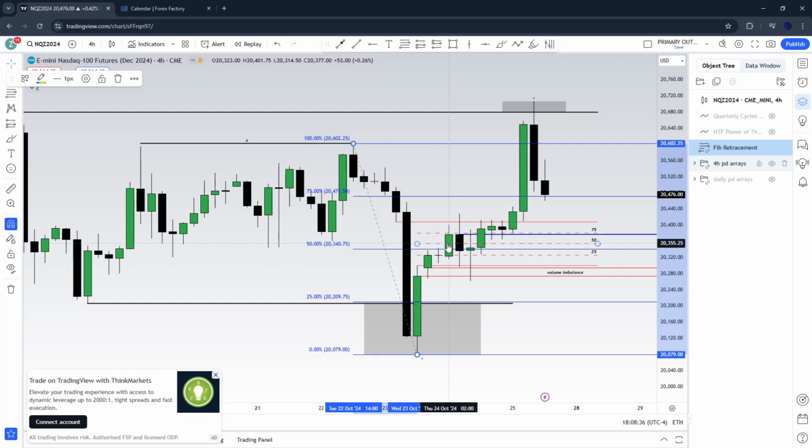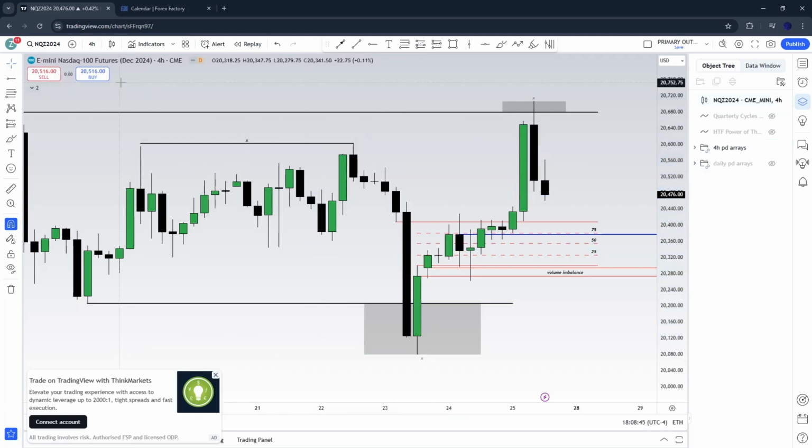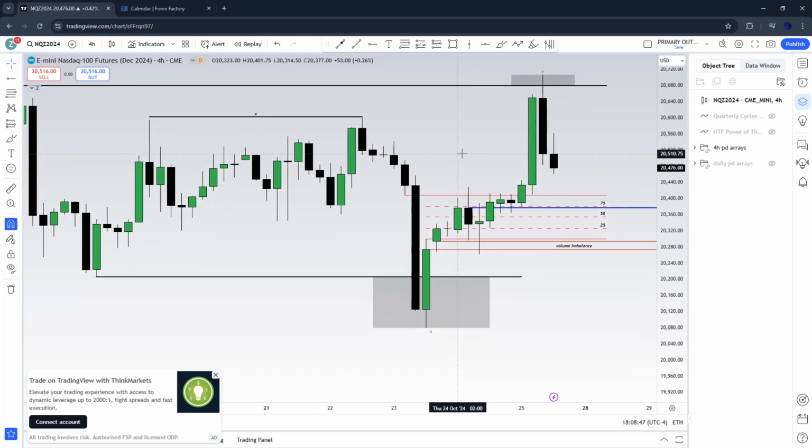And we're closing above this premium array, above the 50% of that premium array, which is the most highly reactive point in the range. If we're thinking in terms of narrative, our premium array is not being respected. It's most likely that we're not going to see the reversal that everyone is anticipating.